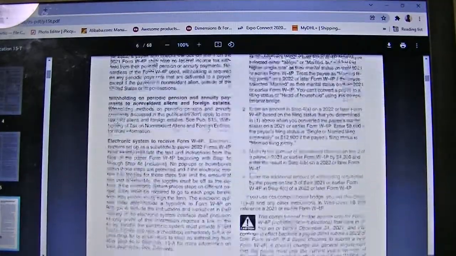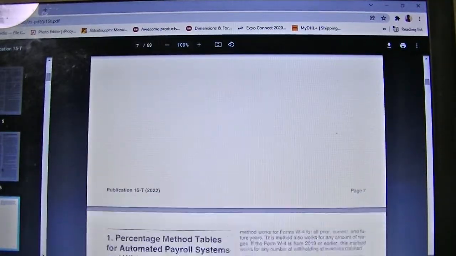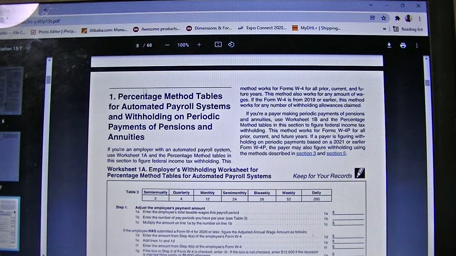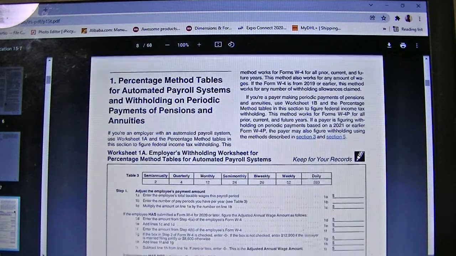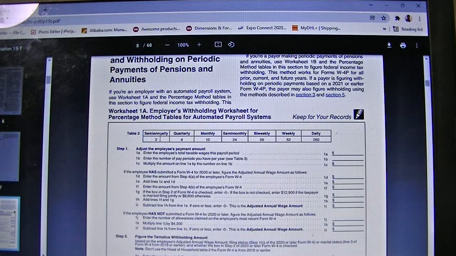You can either go with the percentage method table for automated payroll system if you pay yourself on an annual basis or quarterly basis.